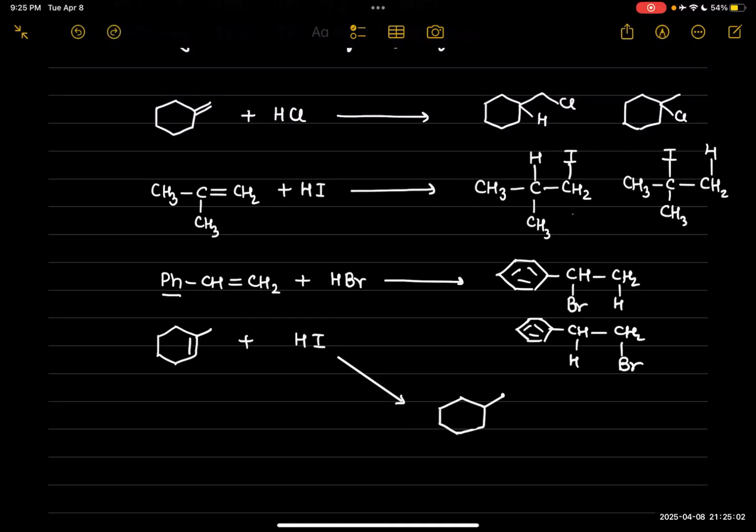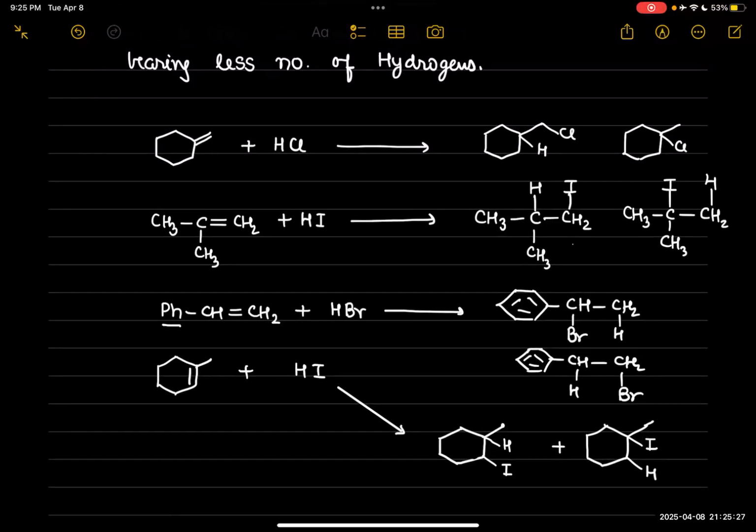So I put the hydrogen here and the iodine here, or vice versa: I put iodine in the middle and hydrogen on the bottom corner. Is that clear? The options I have written.